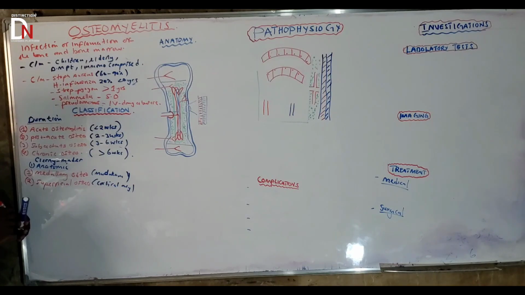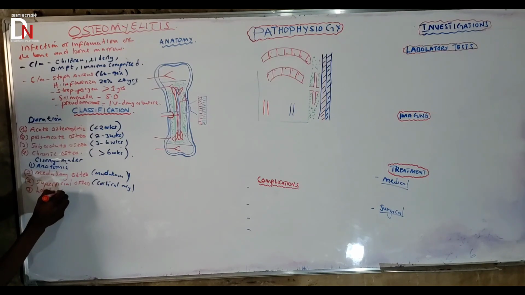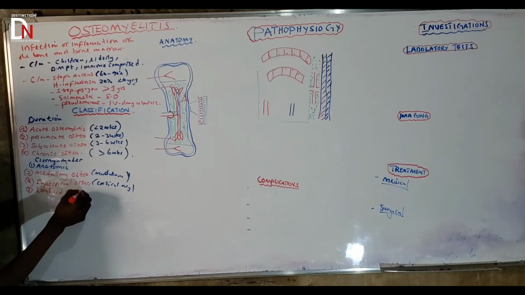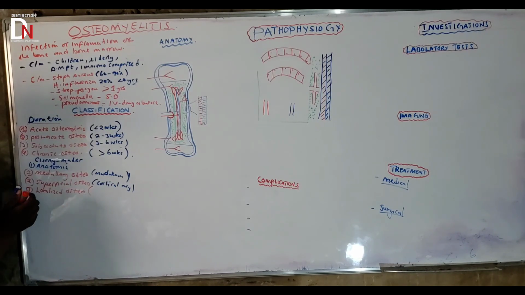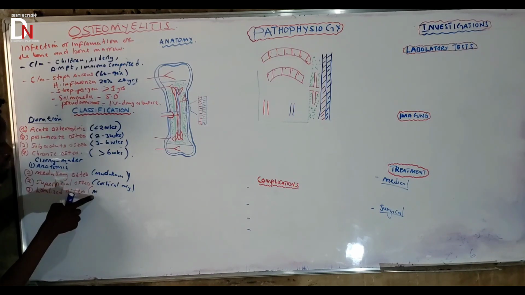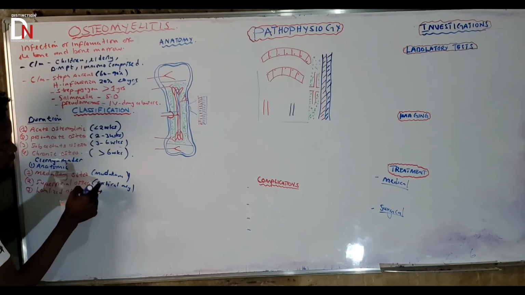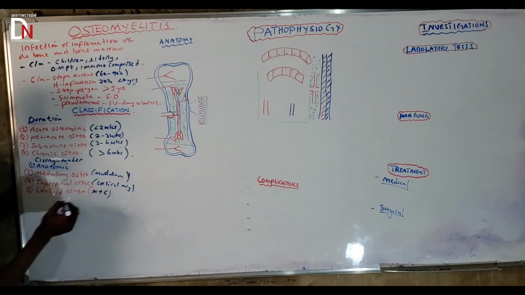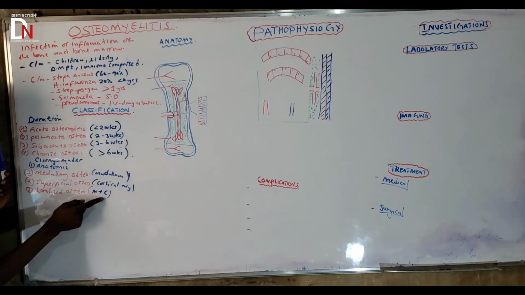Then there's another one, number 3, which we call localized osteomyelitis. The localized one is affecting both the medullary and cortical bone, so M and C are going to be affected.